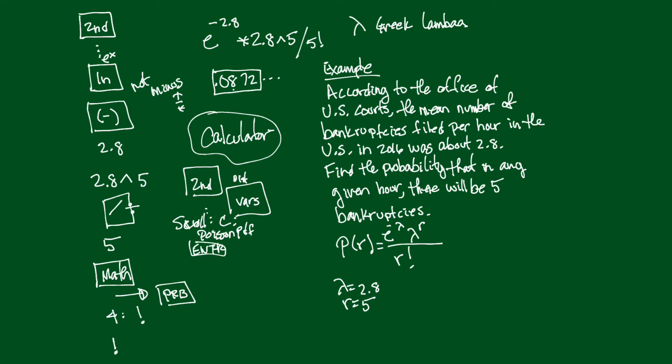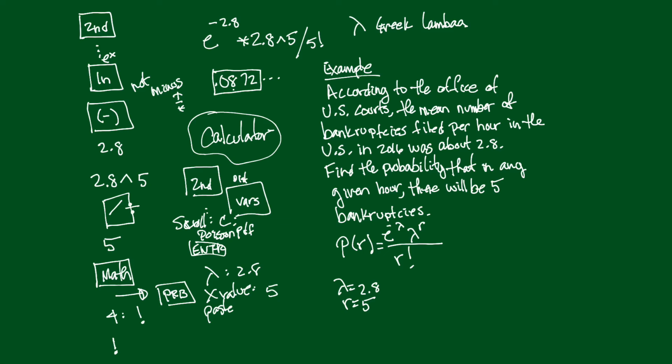So you press enter, and then what comes up is lambda, x value, and paste. Your lambda, you know what that is. Type in 2.8. The x value, for us, is 5.